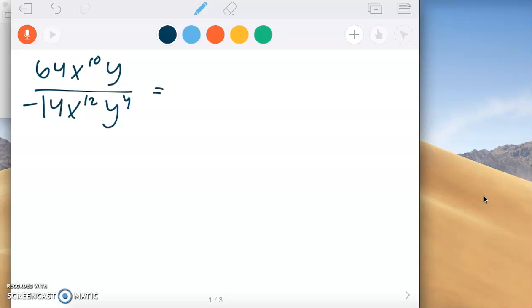Again, we already know that that's only divisible by 2. So we know we have 32 and negative 7. Here I go, okay, x to the 10 minus 12 is negative 2, so I have x squared down here. y to the first minus y to the fourth is y to the negative third, so I know I have y to the third down here.